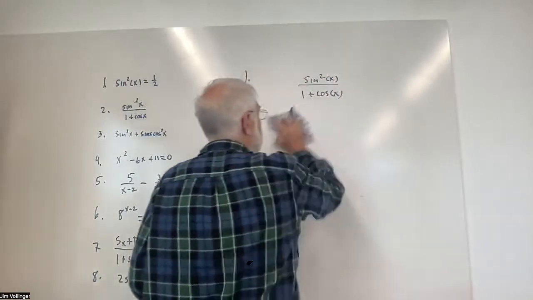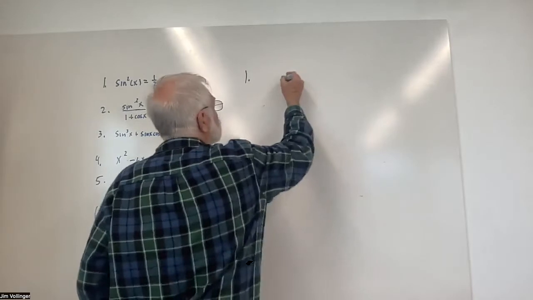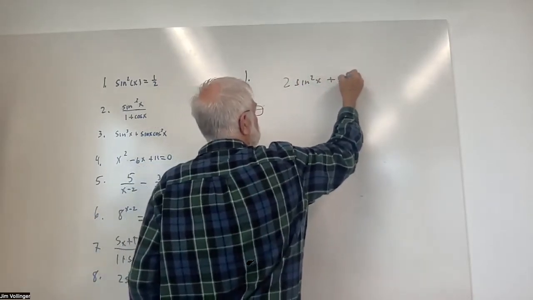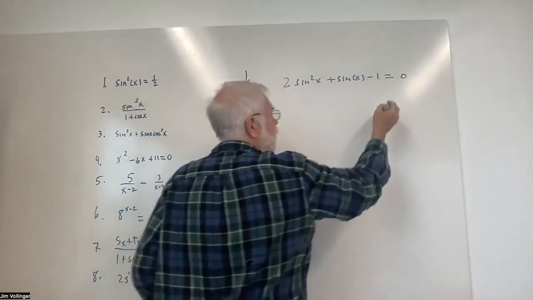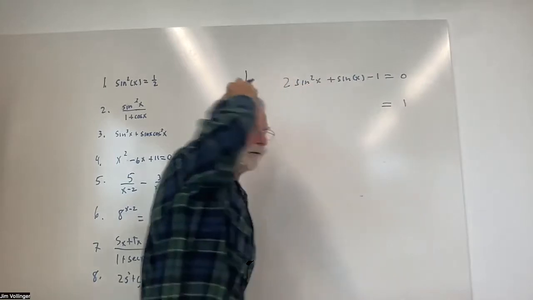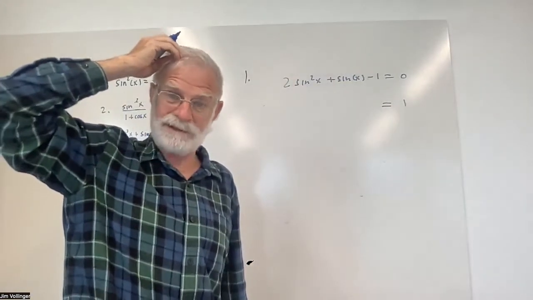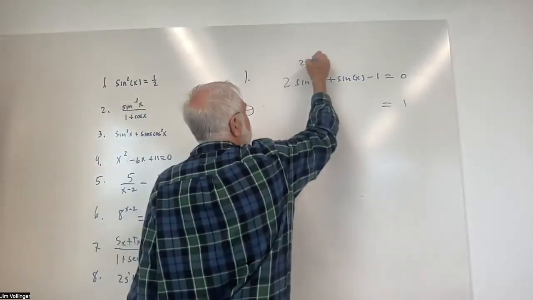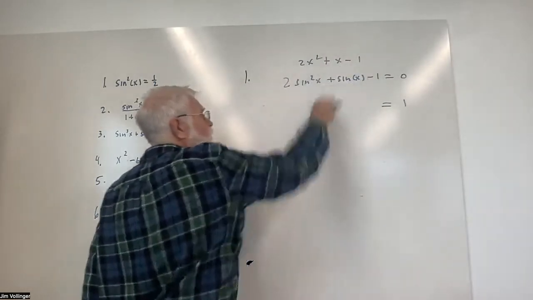This skill also caused trouble with solving 2 sine squared x plus sine x minus 1 equals 0. I can't tell you how many people put a 1 over here. Fundamentally wrong from studying 2 years ago. This is no different than factoring 2x squared plus x minus 1. It's no different.